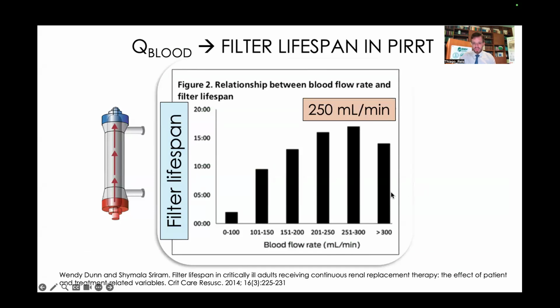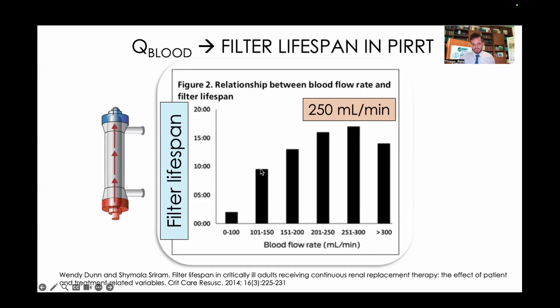Blood flow. It's important to acknowledge that in critically ill patients, if blood flow is like 100 or 150 or 200, there is an important risk of circuit clotting. So in this study, the bars in this figure represent the filter lifespan.